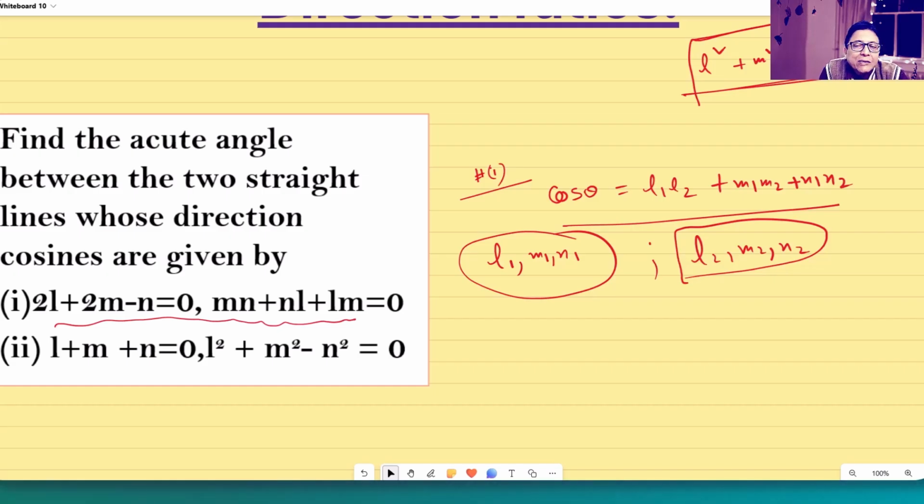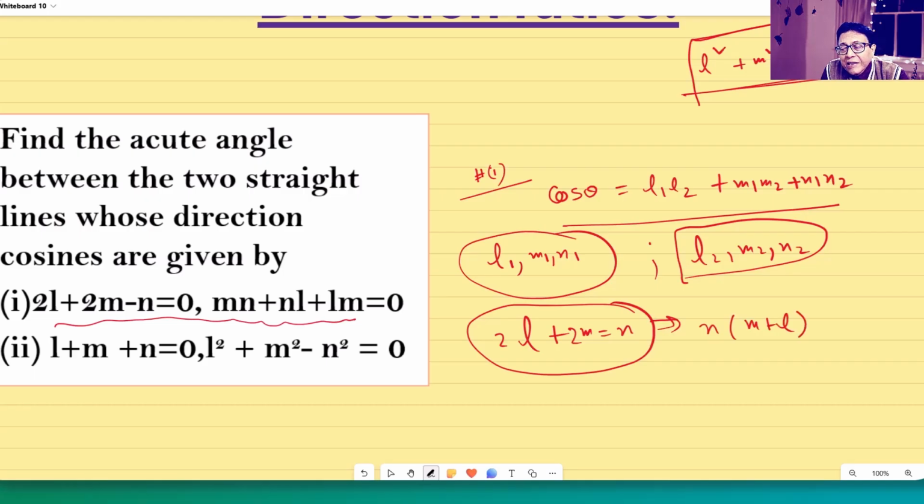The very first approach is to get a quadratic equation, and for that we'll eliminate one of the three variables from these two equations. From the first equation, 2L plus 2M equals N. So we get N and put it there. In the second equation, it is N into M plus L plus ML equal to 0.